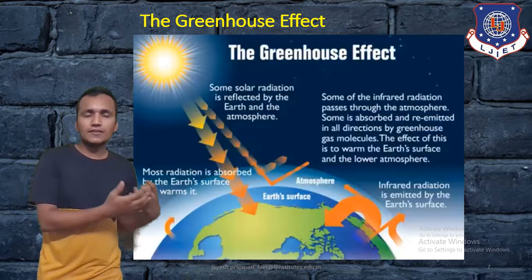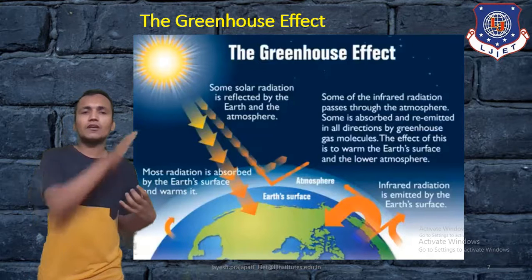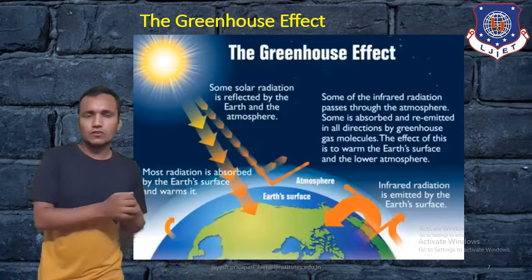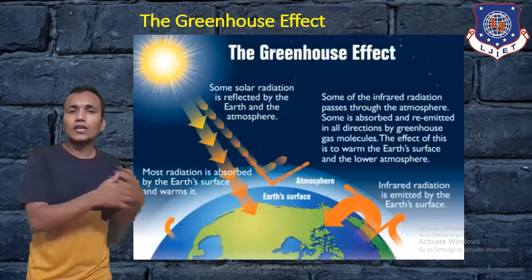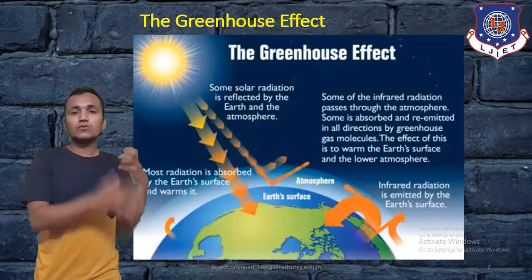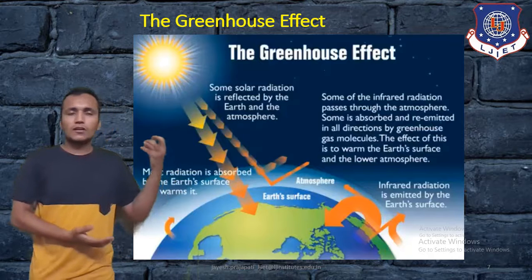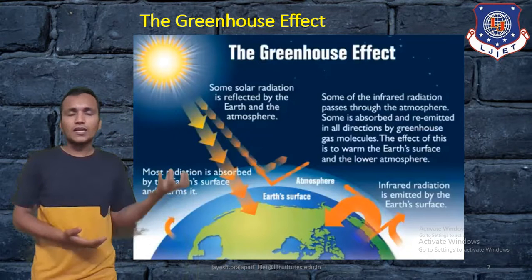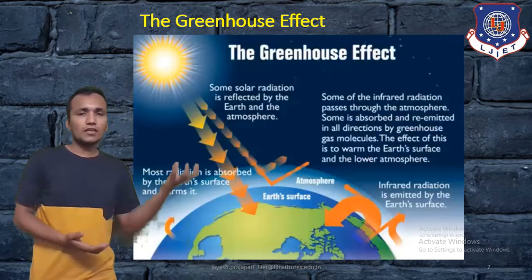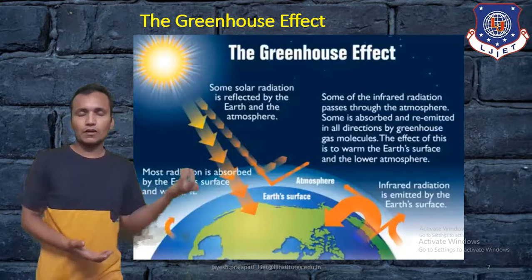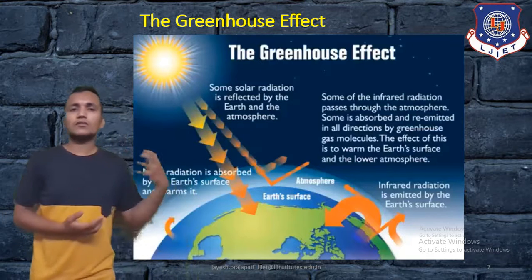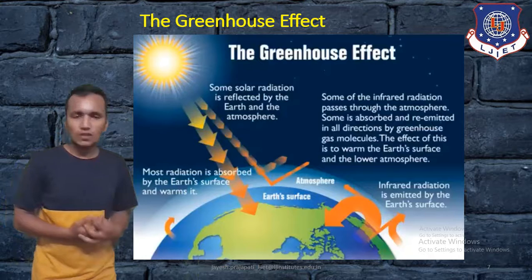Due to these gases, which work like the glass of the greenhouse, it is called the greenhouse effect. Due to these gases and the temperature increase, there is a problem for global well-being.